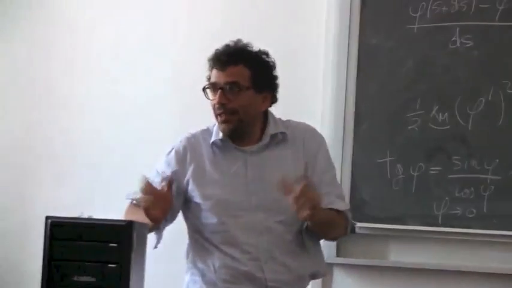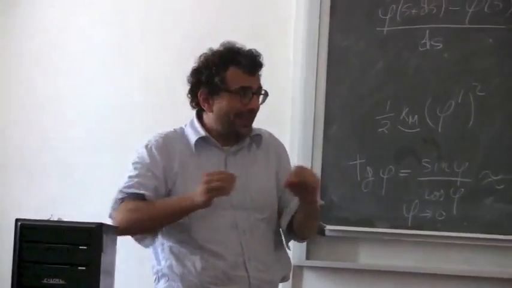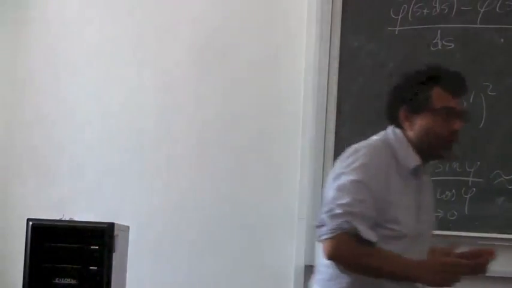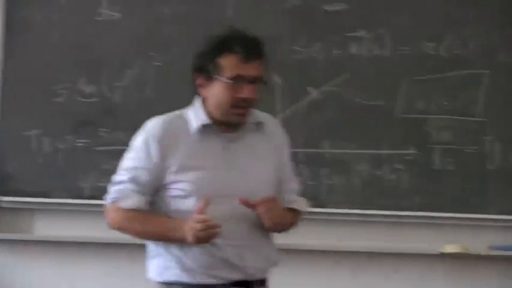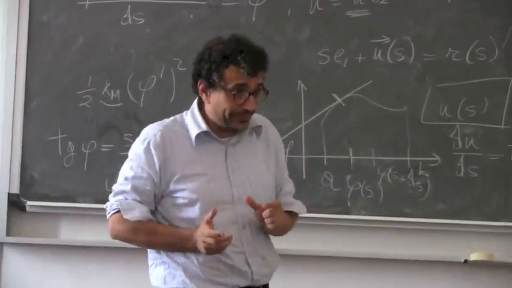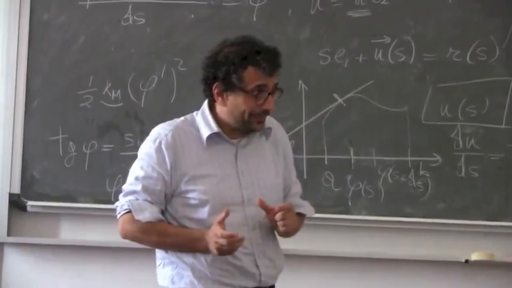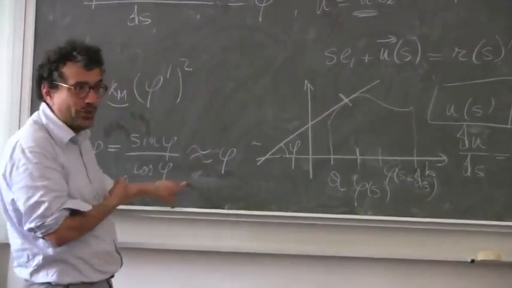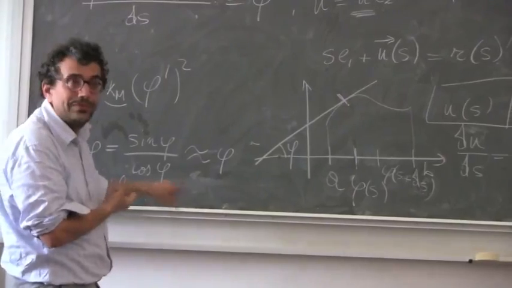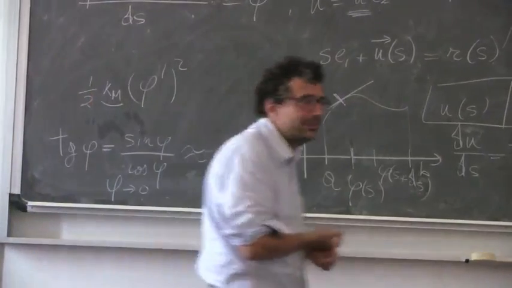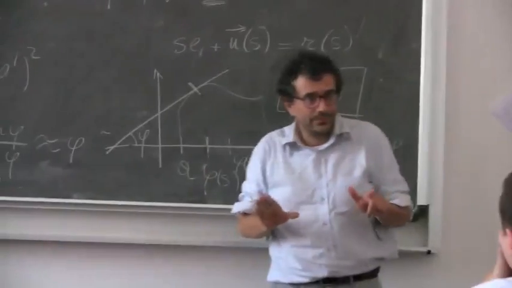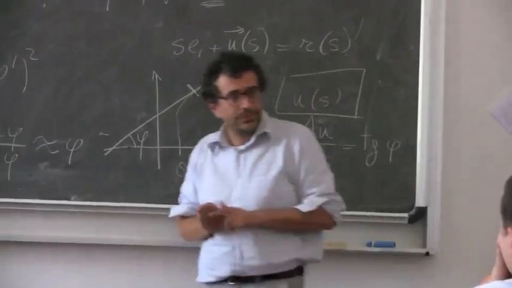You know why the beams, metallic beams in civil buildings, are deforming 10 to the minus 5? Because engineers want to be sure that this approximation is true. There is no other reason. Okay?